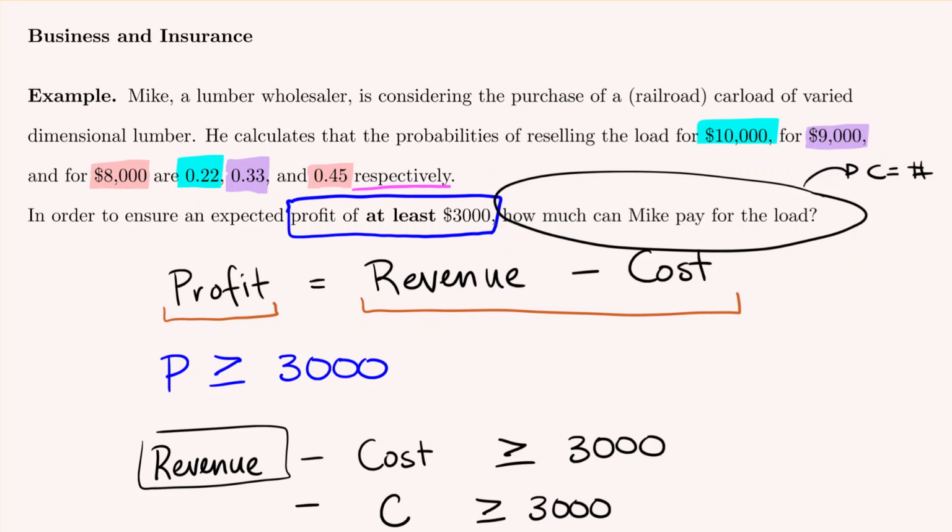Now, there's 3 different revenues listed. $10,000, the likelihood of that is 0.22. $9,000, the likelihood of that is 0.33. And $8,000, the likelihood of that is 0.45. So we have different revenue options. So if we're looking for the most likely revenue, we need to find the expected value of revenue.